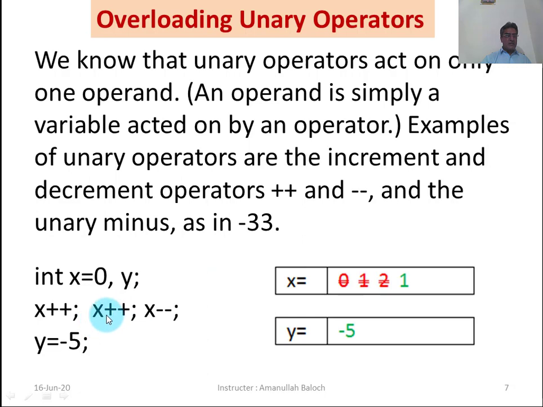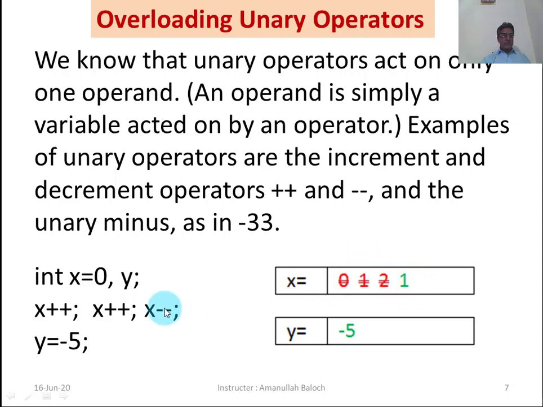Again we apply x plus plus, that is the value of 1 will be incremented to 2, and this will be overwritten with 2. And when we perform the operation x minus minus, then the computer decrements this 2, and the final value of x becomes 1.